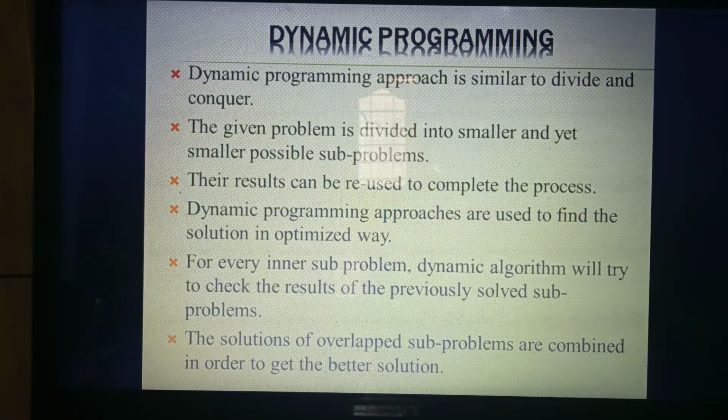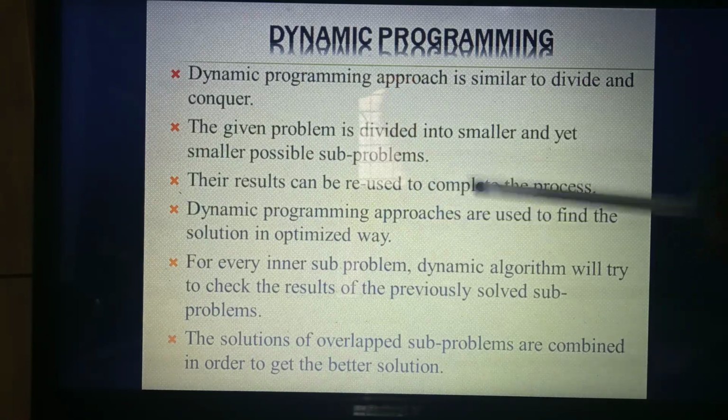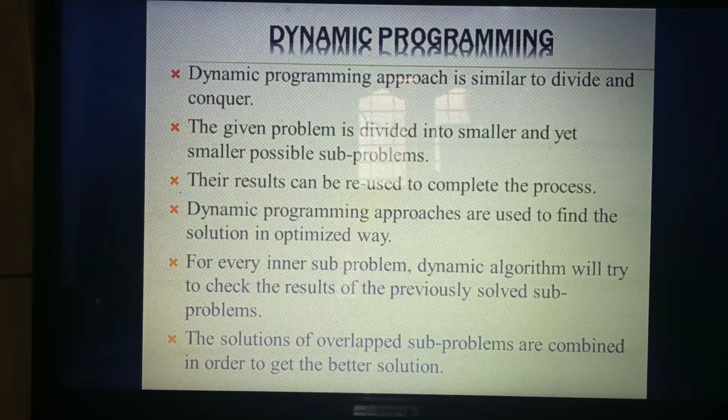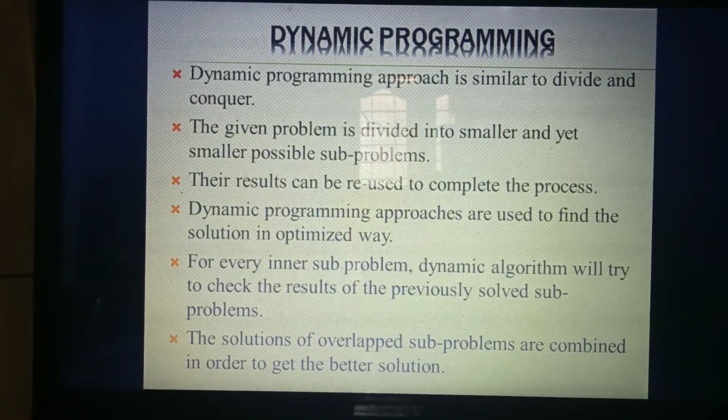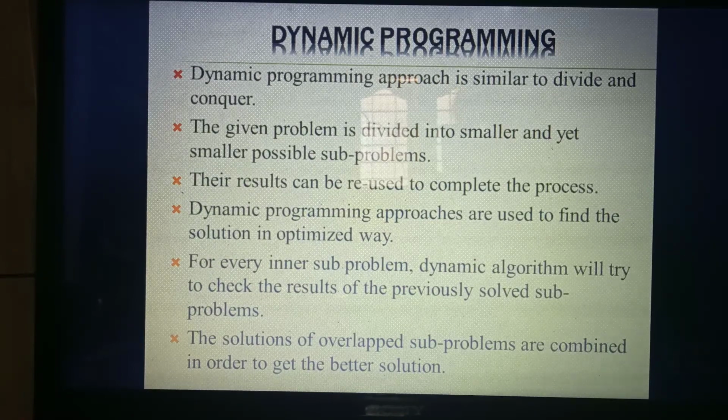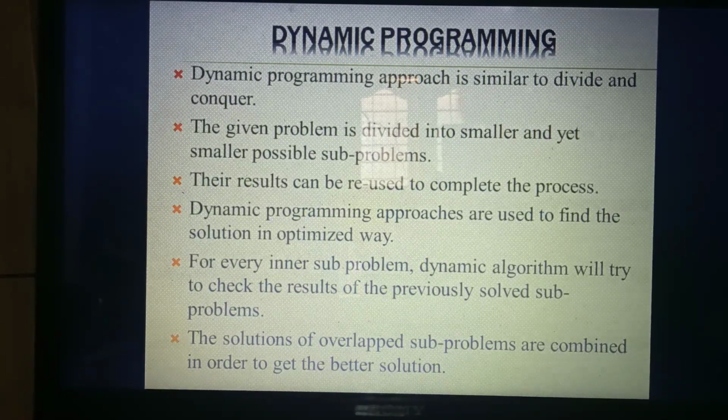Understand? Then the results can be reused to complete the process. For example, you need to get a final result, say 200 lines of code. Only when the full 200 lines of code execute will you get the final output. But for your ease, you are splitting it into 10 lines. Still, until the whole 200 lines of code are completed, you will not get the full output.